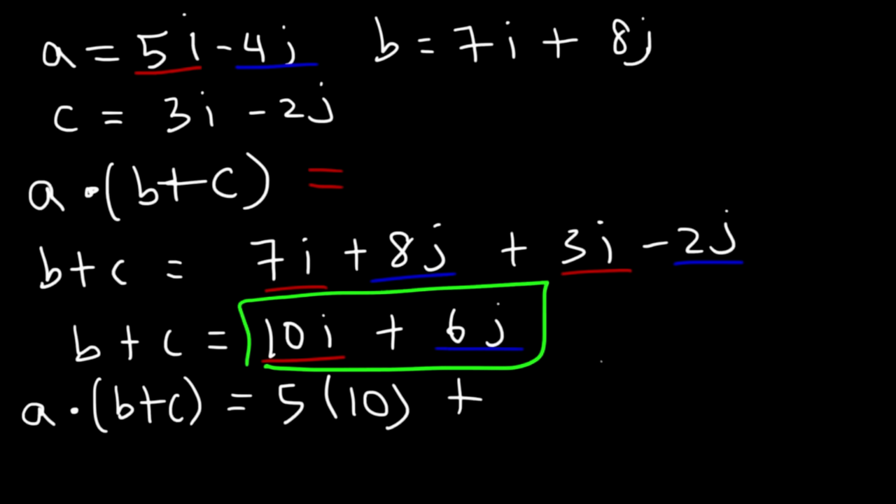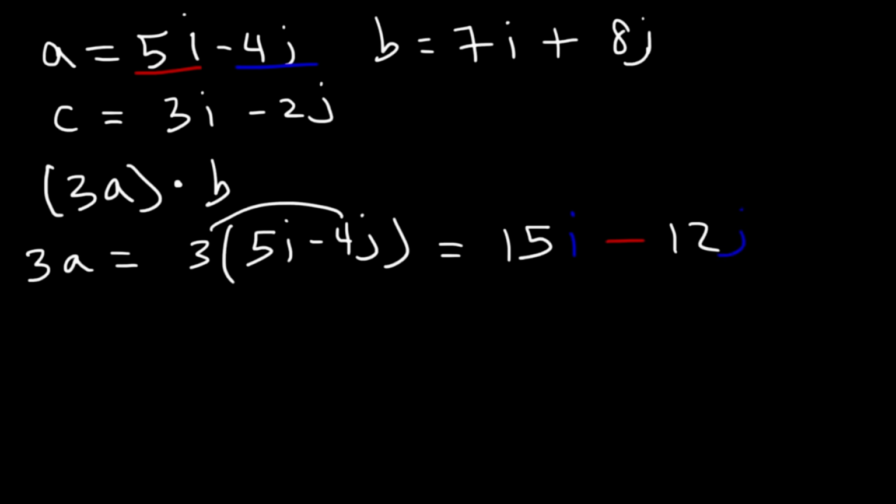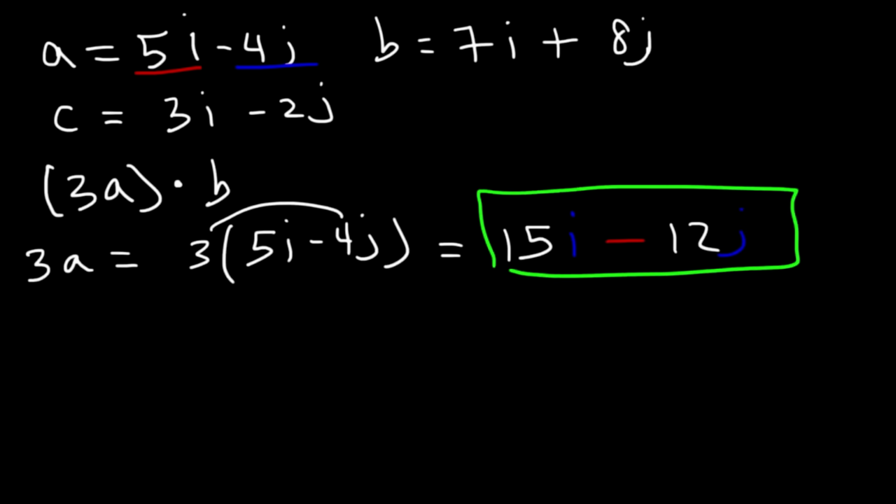We just got to multiply by 3. So this is going to be 15i minus, and then distribute the 3 to the 4j, so that's going to be negative 12j. So that's 3 times A. You just got to find the scalar product of A and 3.